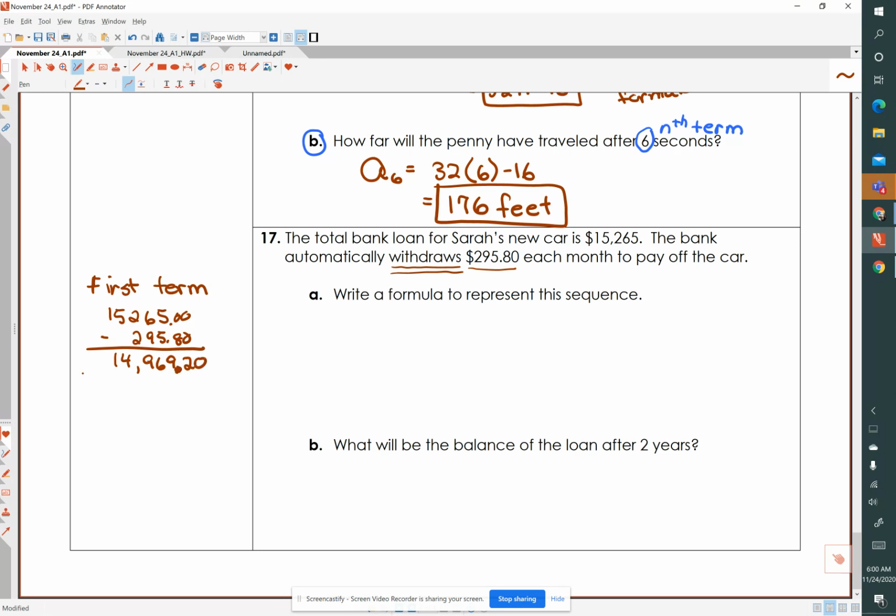So this is our first term. Our a sub 1 equals $14,969.20. Our common difference is we're taking $295.80 out each month, so it's a negative $295.80.